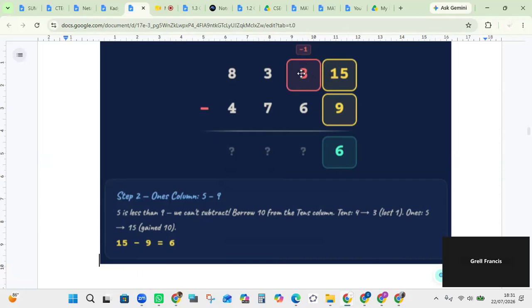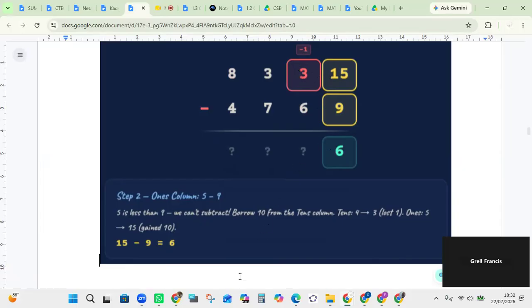But here you changed the 4 into a whole 3 and then put 15 instead of the 1 on top. That's why I asked the question. Okay, so that's a different way of doing it. You can do it your way that you are familiar with. And then 15 subtract 9 will give us 6.